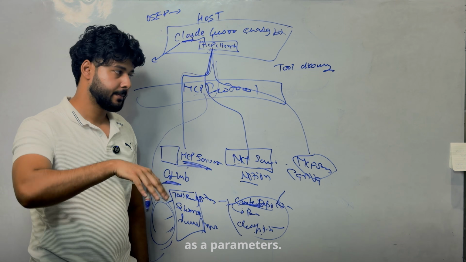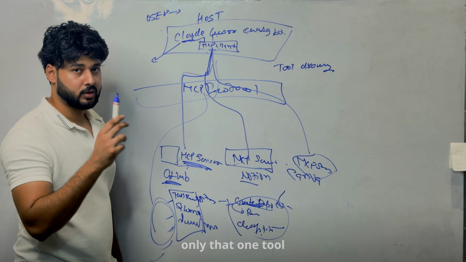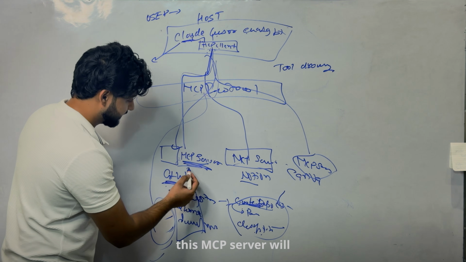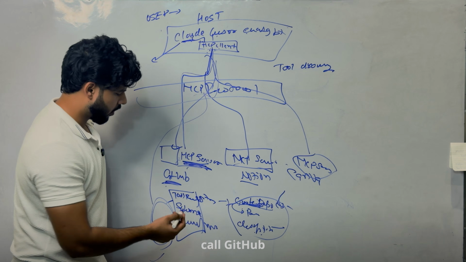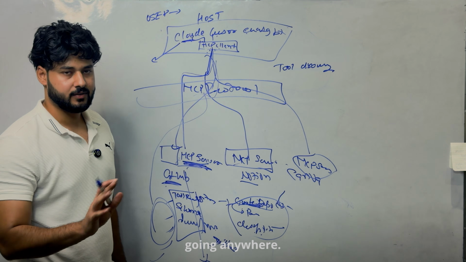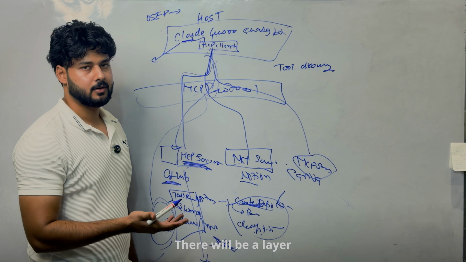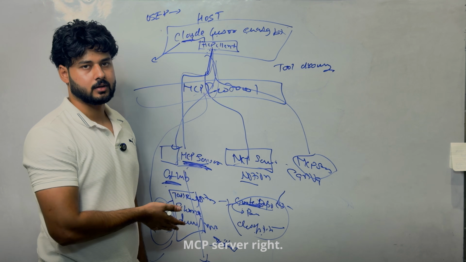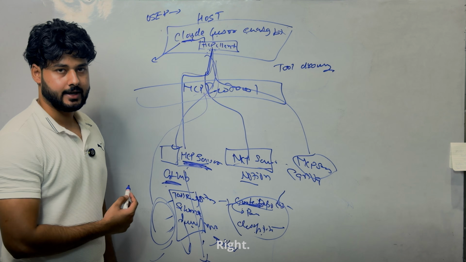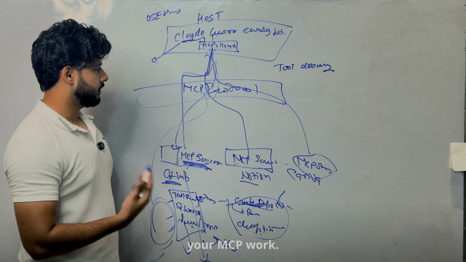These are passed as parameters, and the MCP client will call only that one tool on the MCP server, and under the hood the MCP server will call GitHub's internal APIs. APIs are not going anywhere, they will be there only. There will be a layer on top of them, the MCP server. So it will call the GitHub APIs underneath. So this is how MCP works.